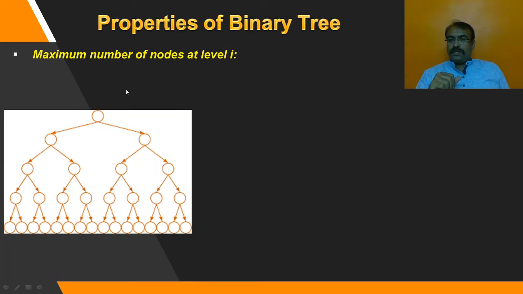So here you can see this is a binary tree with 1, 2, 3, 4 and 5 levels. This is a complete binary tree where all the nodes are completely arranged and all the nodes have two children except the leaf nodes. So this is called a complete binary tree.